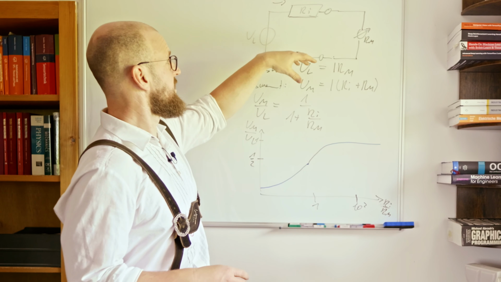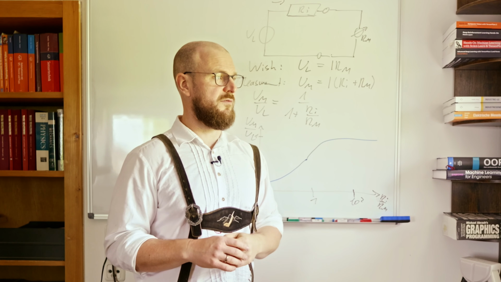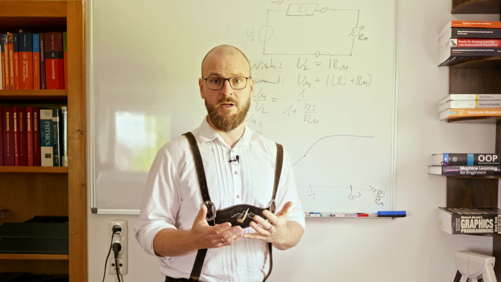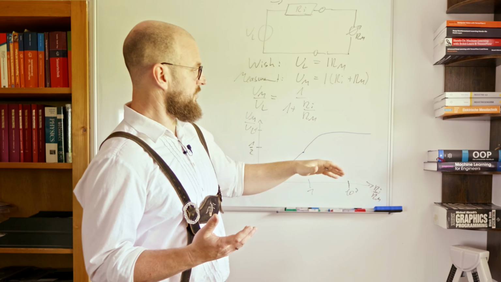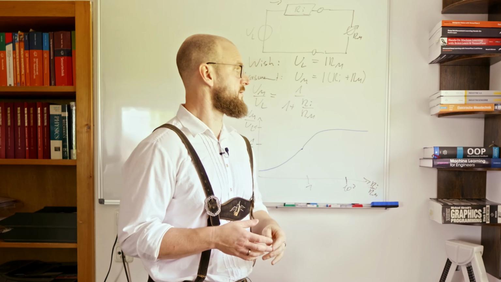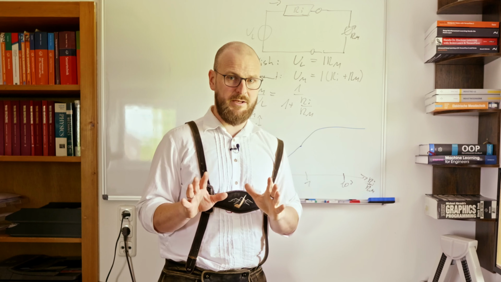And so the typical resistances within our circuit we are looking at are in the range of kilo ohms, 10 kilo ohms, and so on. And that means we have a ratio which is in favor of our measurement, which allows us to look at our measured values and to assume that they are right.